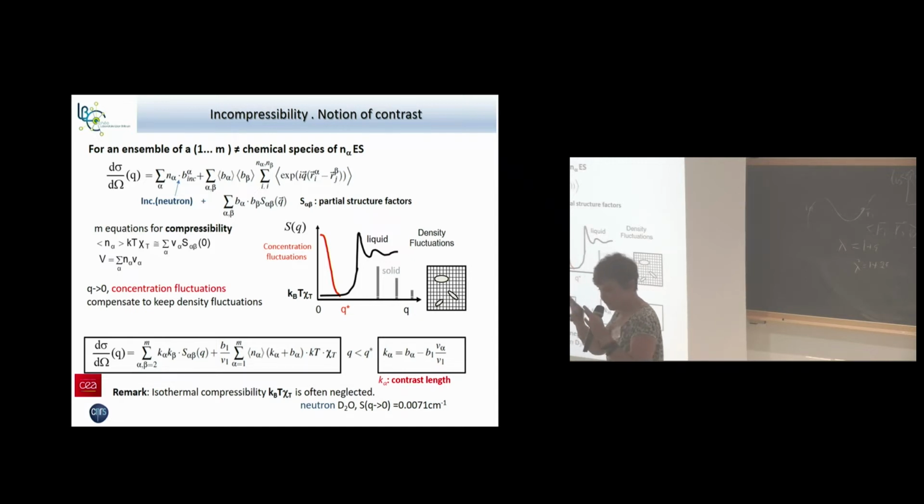The sample is full. There is a solvent, there is a molecule, and the solvent generally is the first species that is remarkable because generally it is the main component. But you fill the space with elementary scatterers.